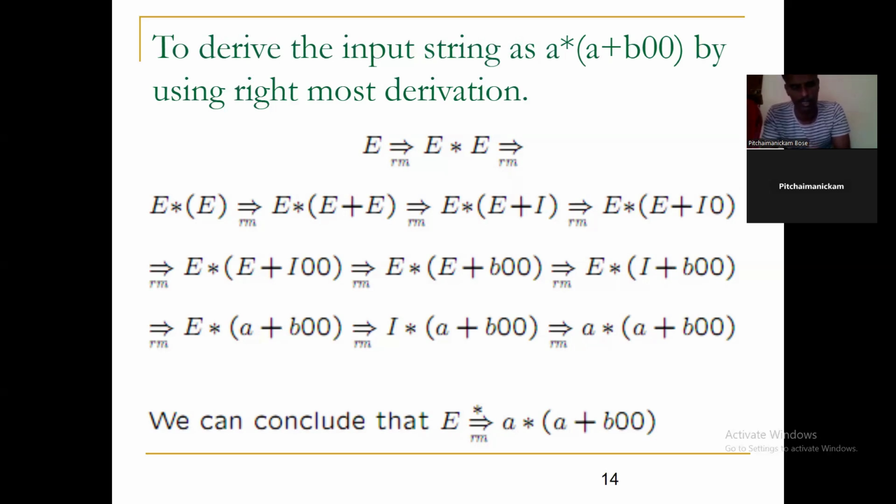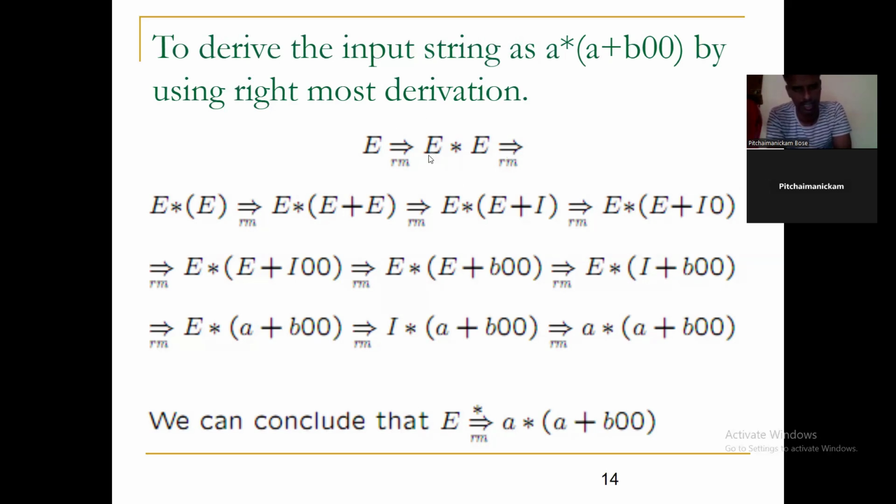So E is there, and we apply the rightmost derivation. E can be replaced with E star E. So what is the difference? We take the rightmost variable and replace it by one of its production bodies.